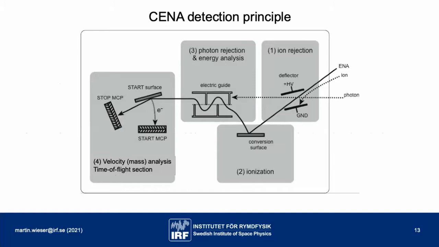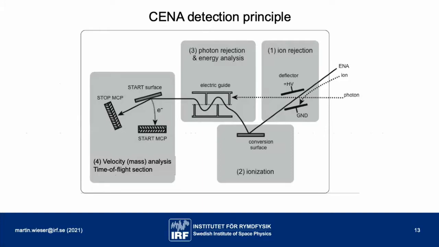This graph shows the overall detection principle applied in the SENA instrument on Chandrayaan, but it's actually very, very similar to the two other instruments which have been used to observe ENA from the Moon. That's IBEX-Lo on the IBEX satellite, as well as the ASAN instrument on the Chang'e 4 mission.